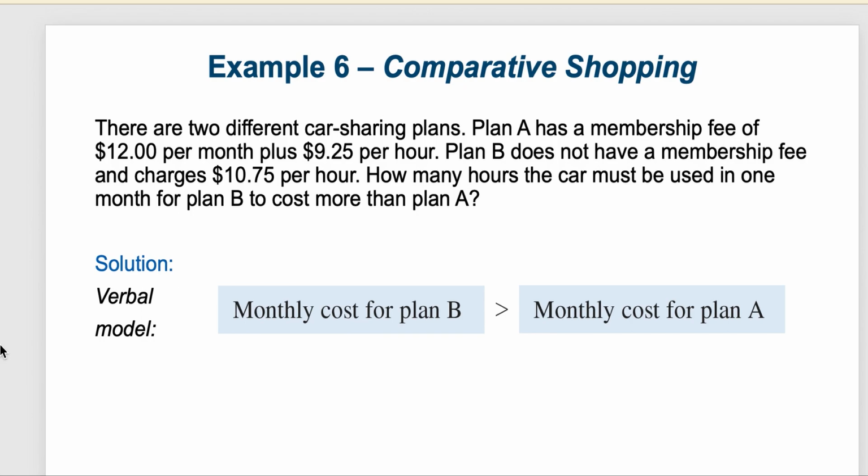Plan B doesn't have any membership fee and charges $10.75 per hour. How many hours must the car be used in 1 month for Plan B to cost more than Plan A? So our variable model would look like this. We want to find out when the monthly cost for Plan B would be greater than the monthly cost for Plan A.